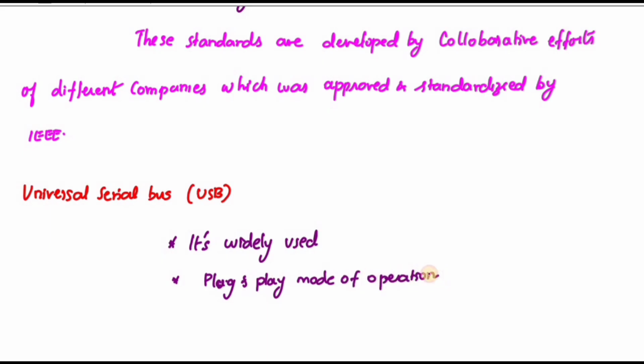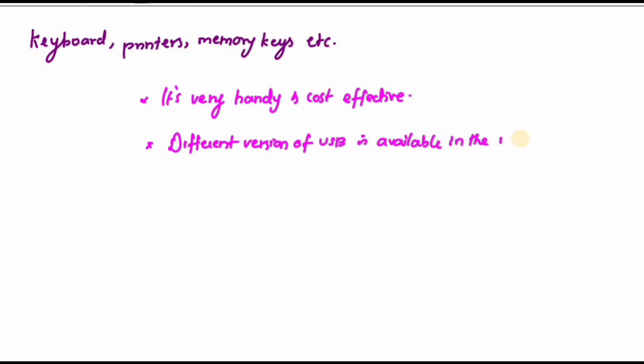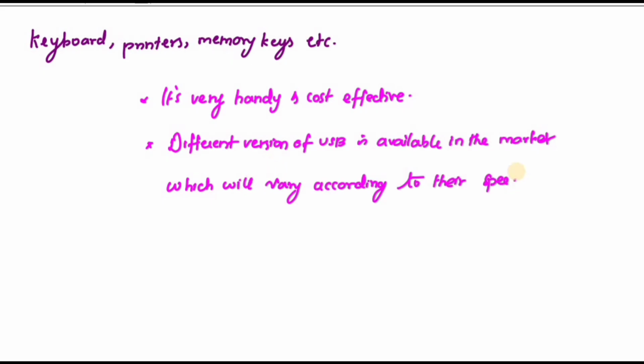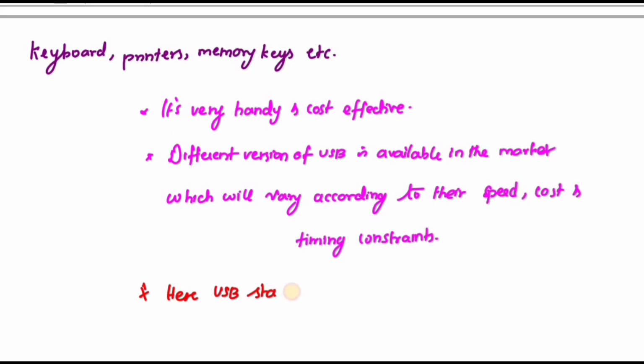With the help of this USB connector, we can connect mouse, keyboard, printers, memory keys, external hard disk, etc. And it is very handy and cost effective. Different versions of USB are available in the market, which vary according to their speed, cost, and timing constraint.